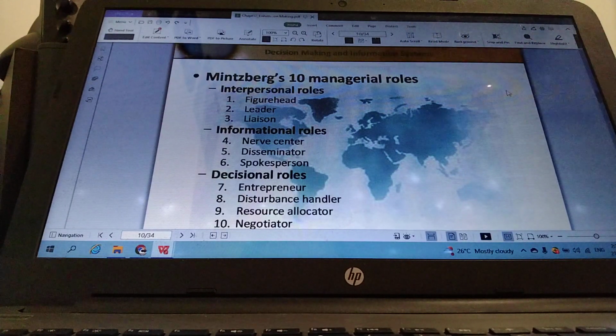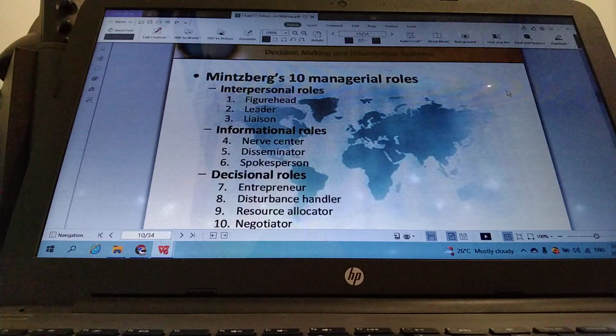The balance four are really involved in decision making. For example, the role of entrepreneur, disturbance handler, resource allocator, and negotiator, to be involved in negotiation.